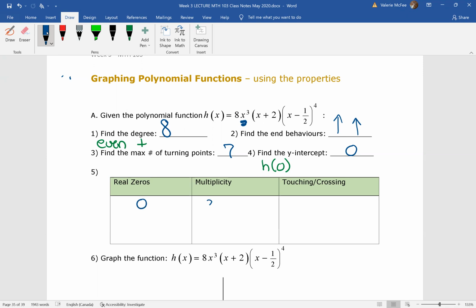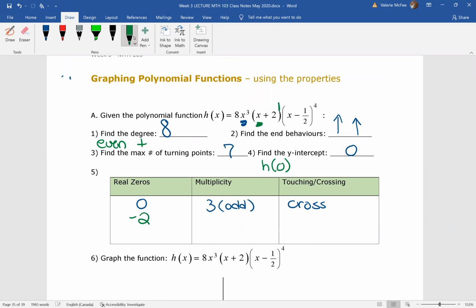It has a multiplicity of 3, which is odd. When we have an odd multiplicity, we know that we are crossing the x-axis. We have a real zero of -2.